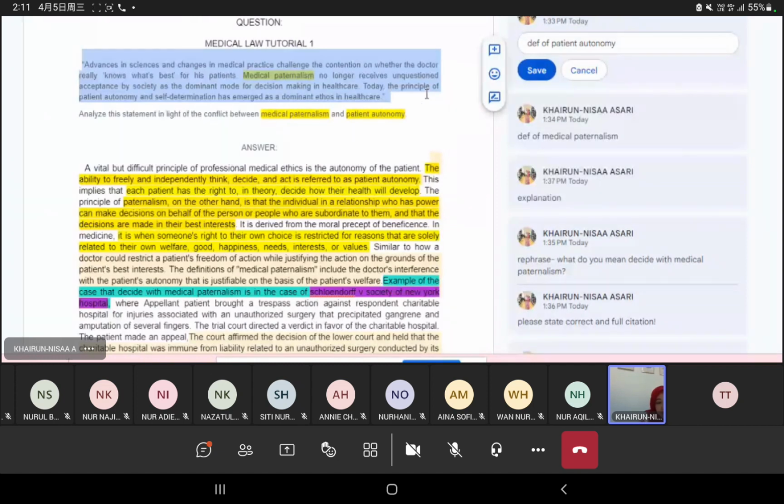There must be a reason why the statement is that. So in the way you draft your answer, you have to relate your points with the statement. What is the statement about? This statement seems to support what? Is it medical paternalism or patient's autonomy? Which one?